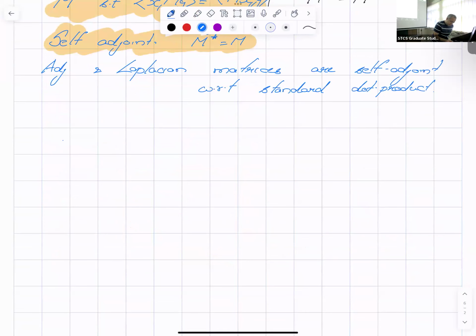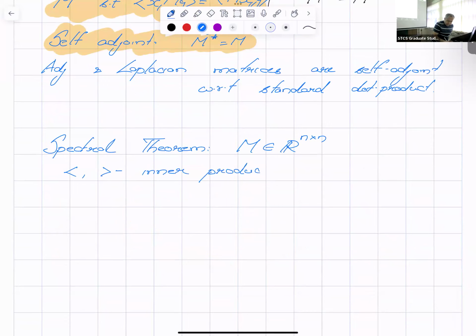Okay, the spectral theorem. M is some n by n matrix and the inner product is some inner product such that M is equal to M star, that is, self-adjoint with respect to this inner product.